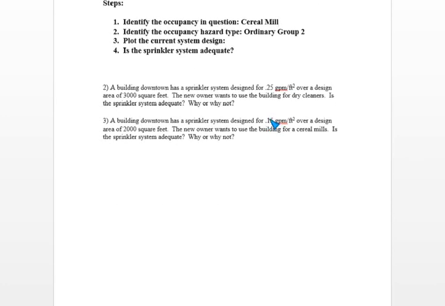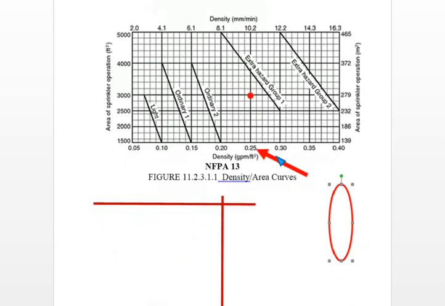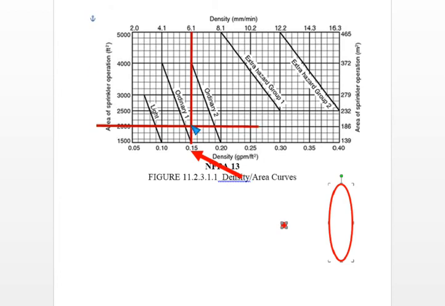Our system design is 0.15 over 2000. We'll identify where 0.15 is, which is here, on the bottom. Set over 2000, so I'll throw my line on the 2000. We'll plot where the two points intersect.